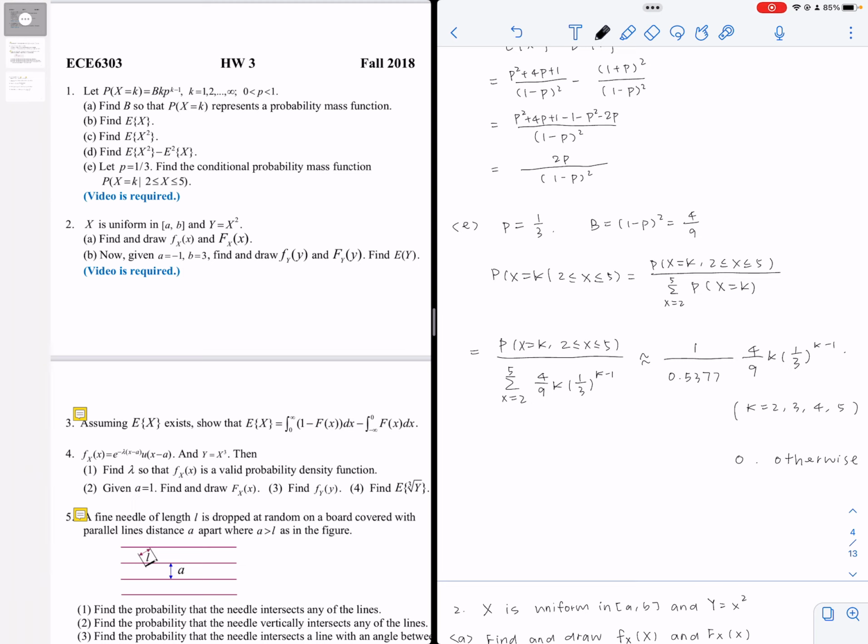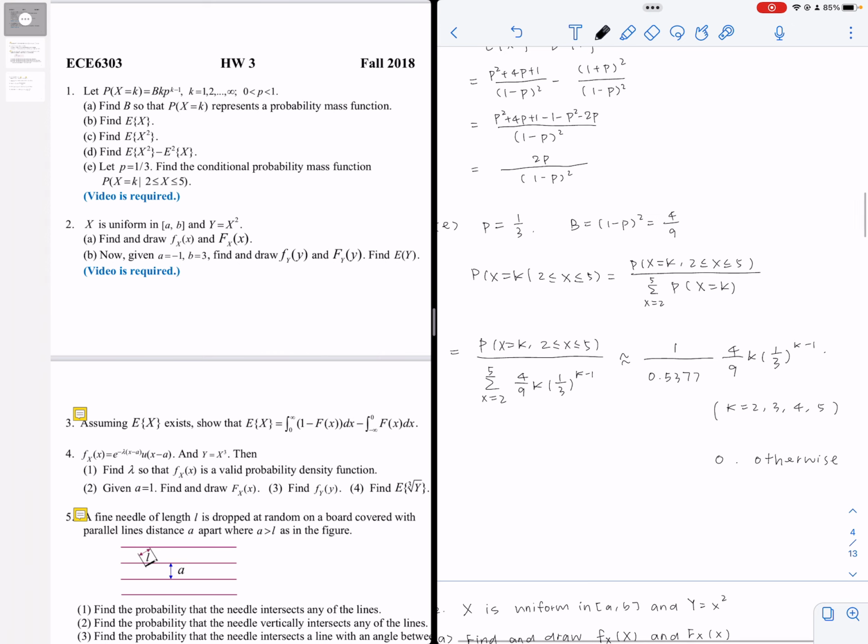And so we'll just sum it all up from 2 to 5 using the probability formula that's given here, and then we can finally have the results. When k is equal to 2, 3, 4, 5, we have a value, and otherwise we have 0.